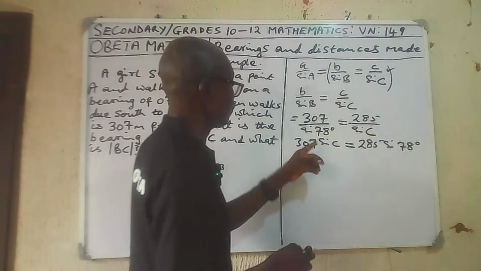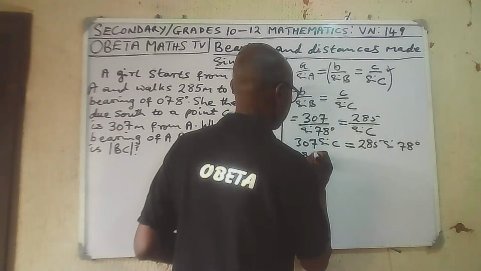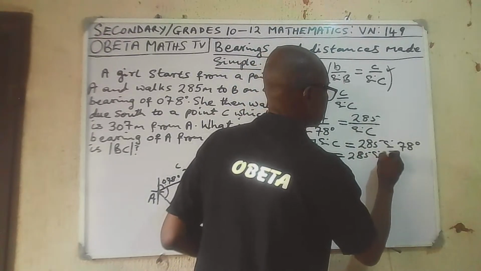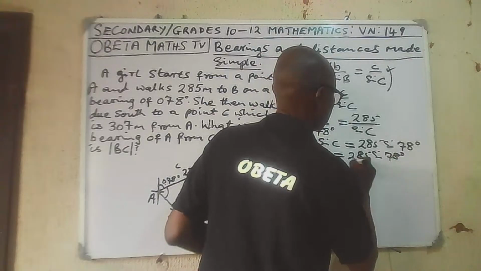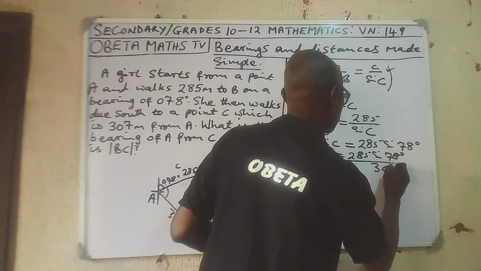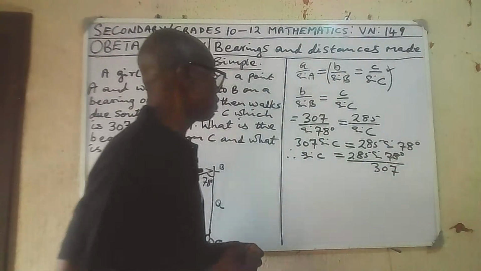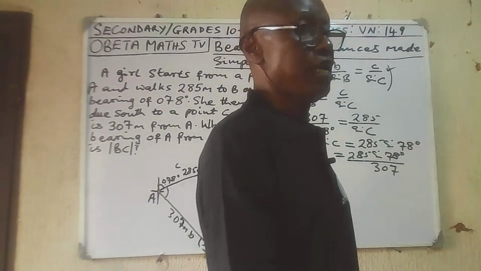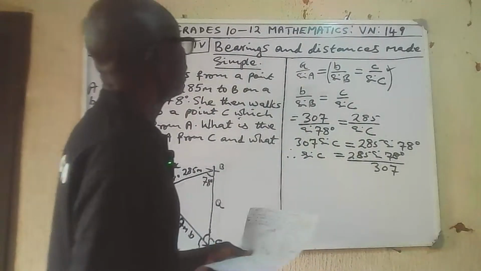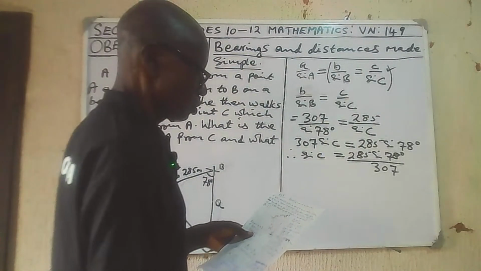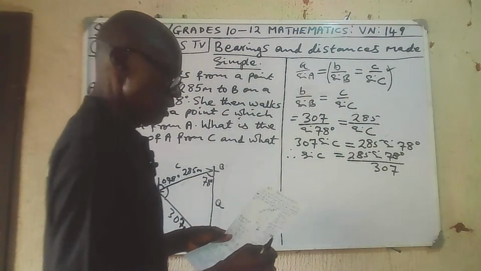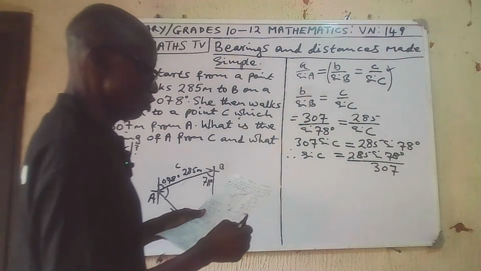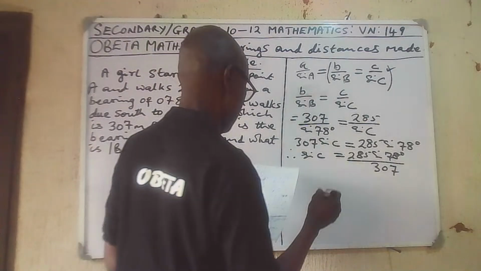Again, for us to find this, it means that sine C is equal to 285 sine 78 degrees all over 307. So for us to continue, we have to check our table and then find the values. So in that case, sine 78 should be 0.9782 approximately.